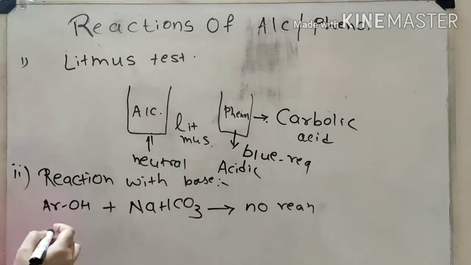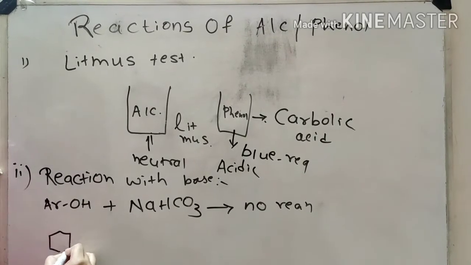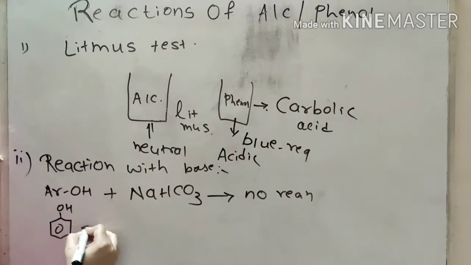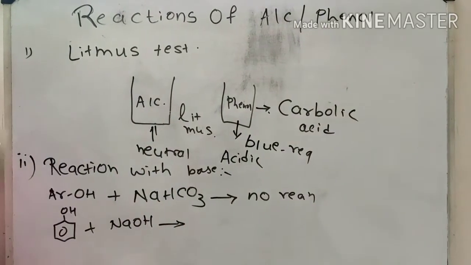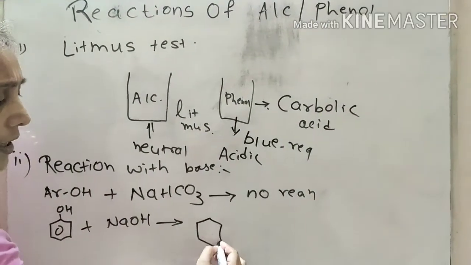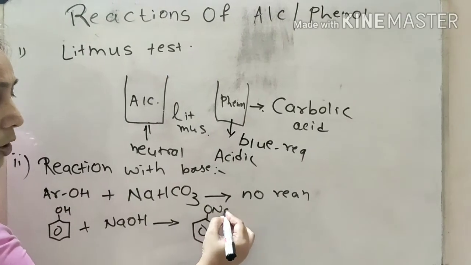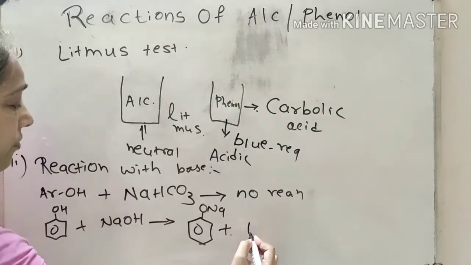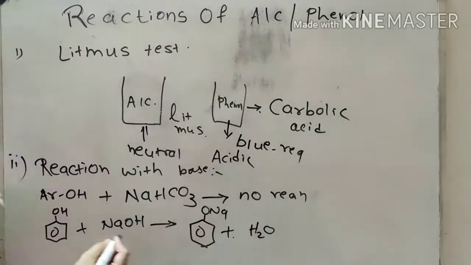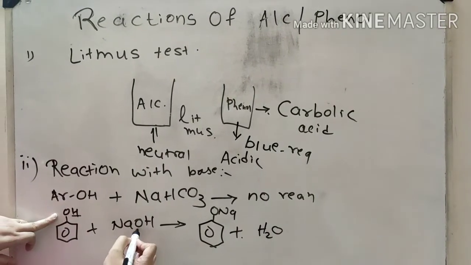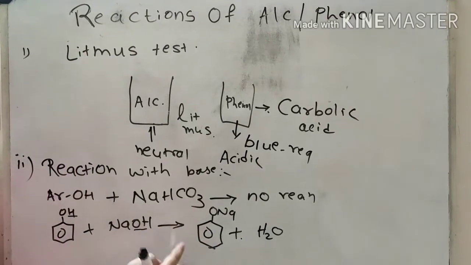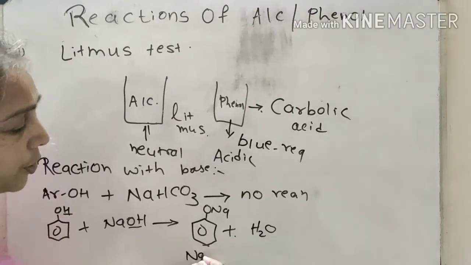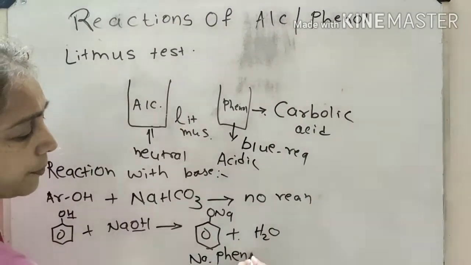But if phenol reacts with NaOH, then it is a two-step reaction. In step number 1, this H combines with the OH to form a water molecule. Whatever is left is ONa. It is known as sodium phenoxide.